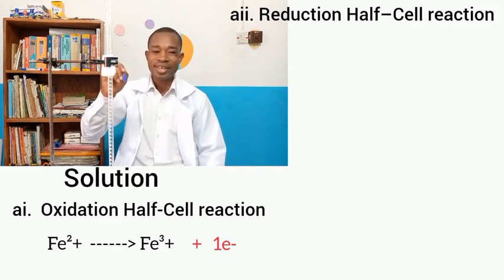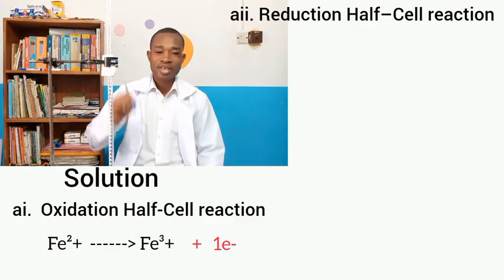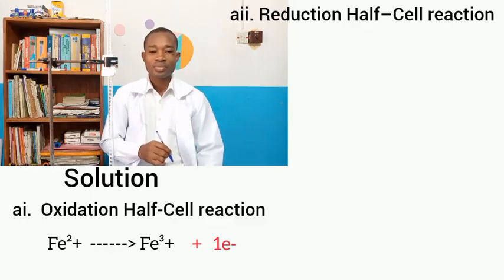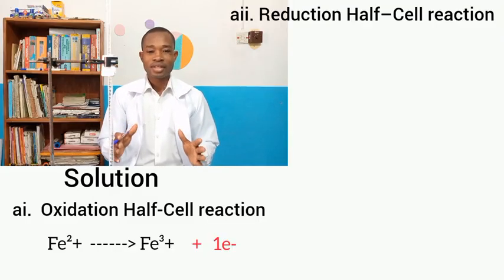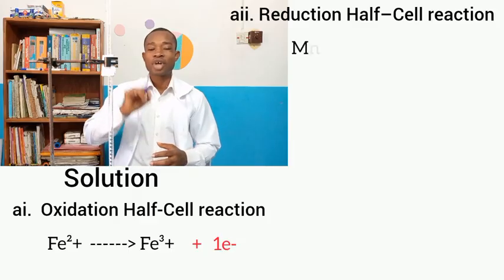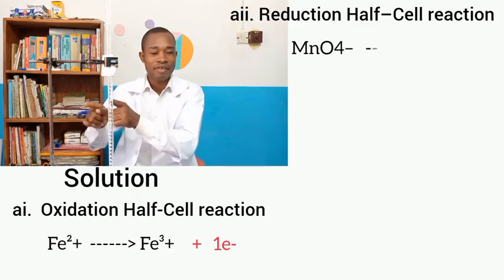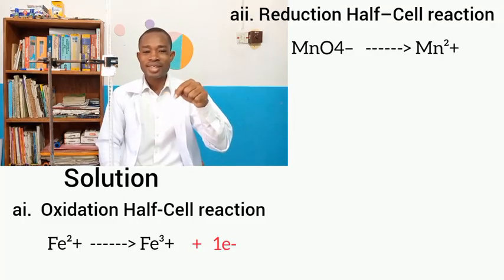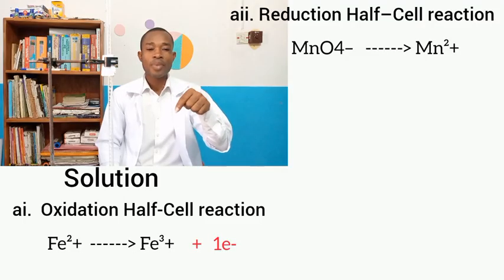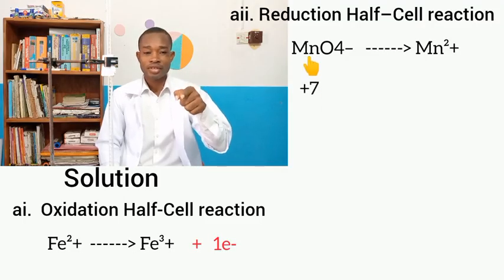Now, which species in it is going to be reduced? Which element? Manganese. Now you have potassium tetraoxomanganate 7. The oxidation number of manganese in this compound is plus 7.